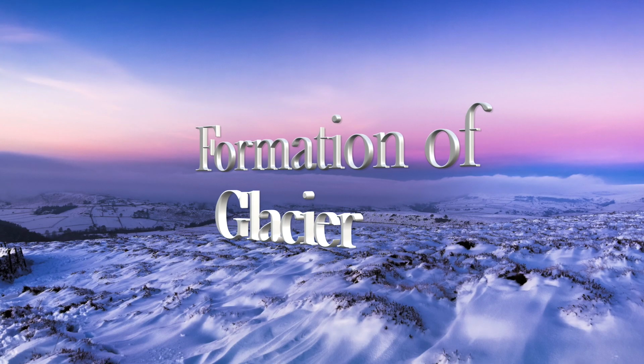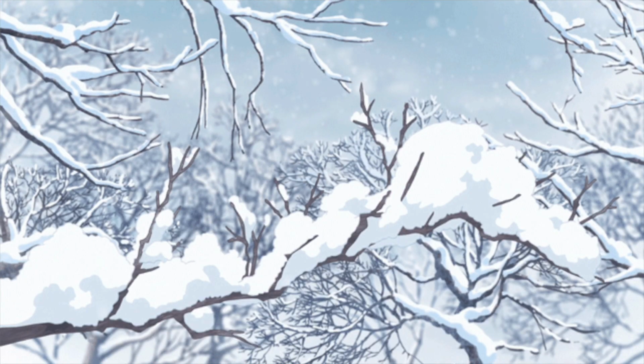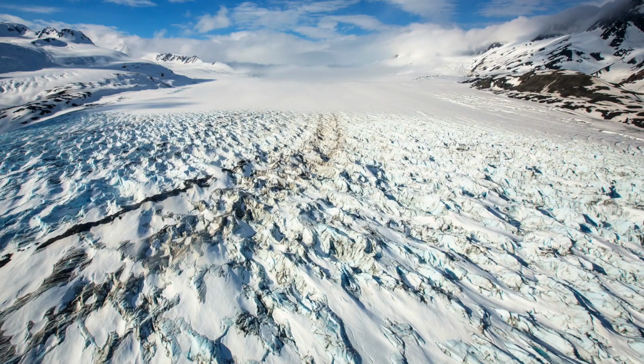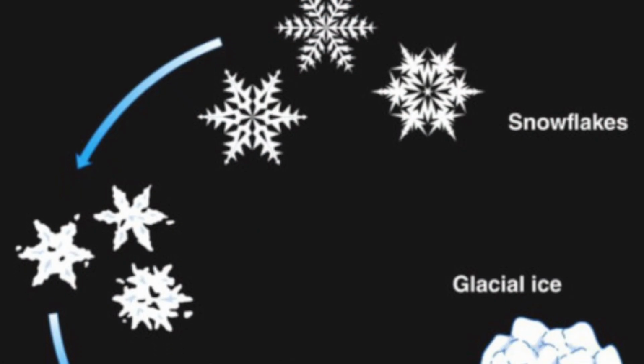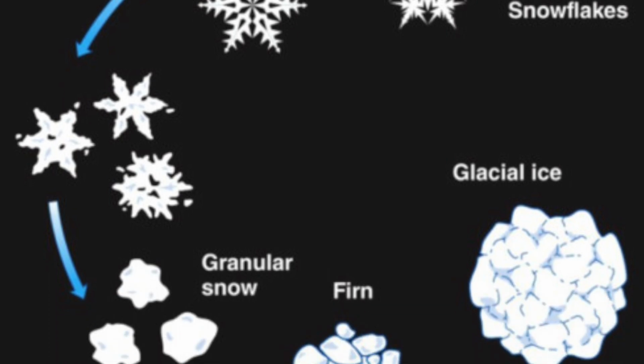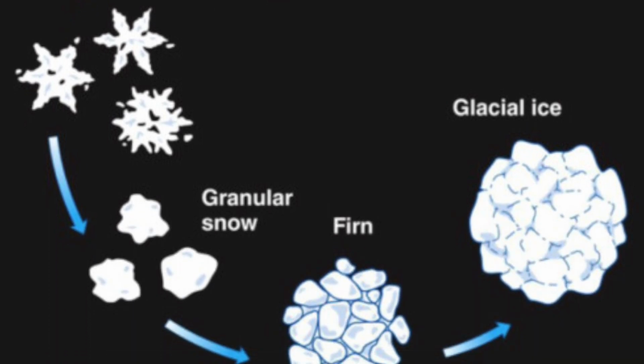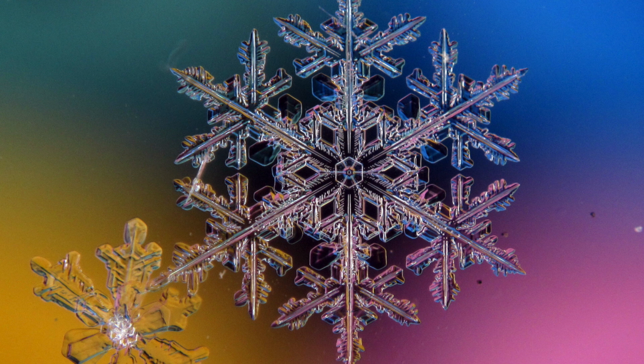Formation of a glacier. The source of a glacier is snowfall. The snow has less density, but when it undergoes compaction, it gradually changes its density to become névé, that is firn, and eventually transforms into crystalline form, and thus firn is converted into ice.